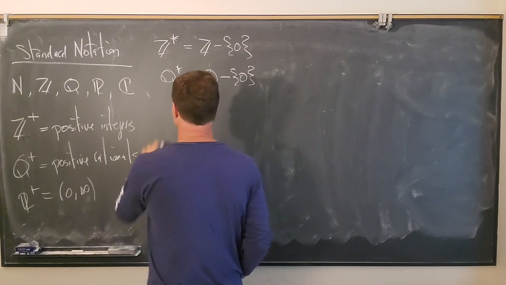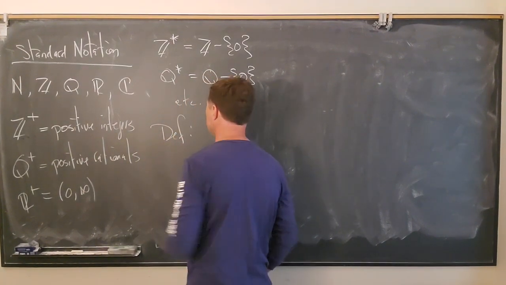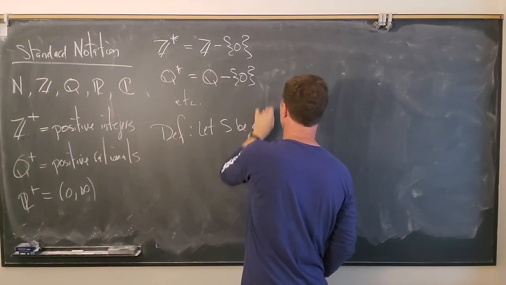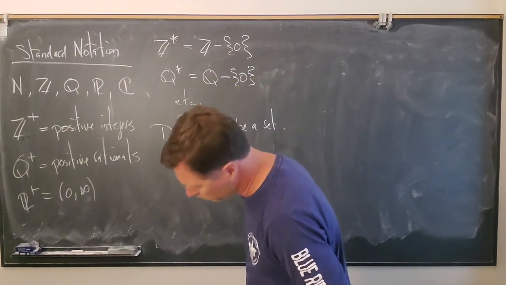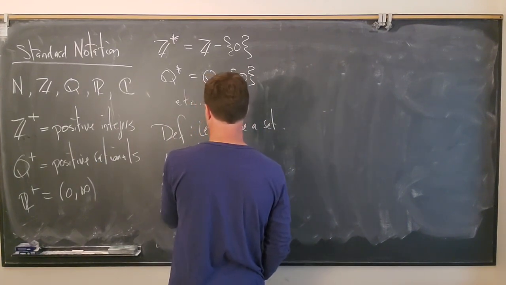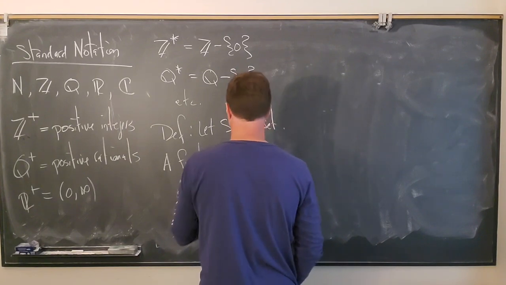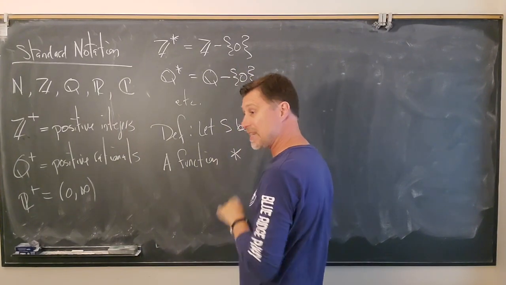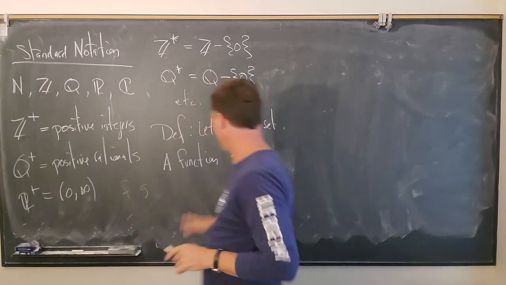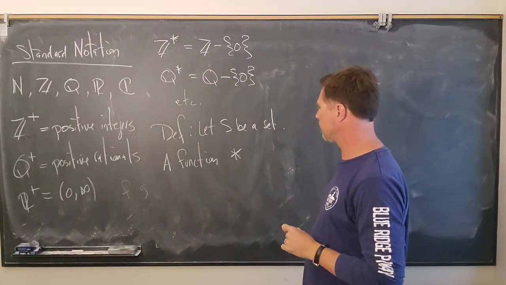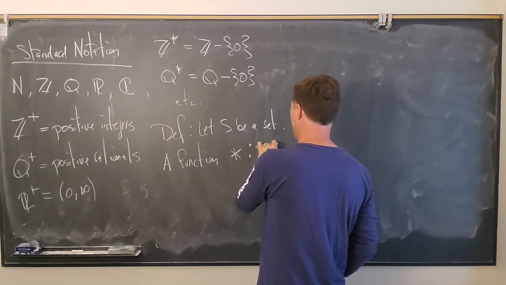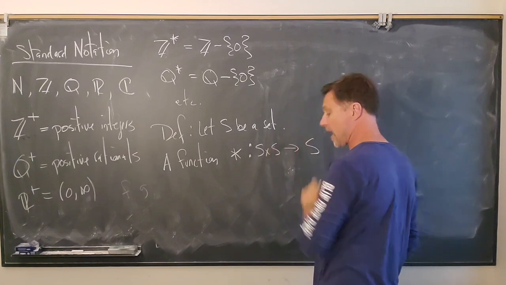Okay, so our first definition. Let S be a set. A function, which we typically are going to use the symbol star as the name of the function. So instead of using a little f or a little g for the function that we're about to define, we use the symbol star. So a function star from S cross S to S has a name.